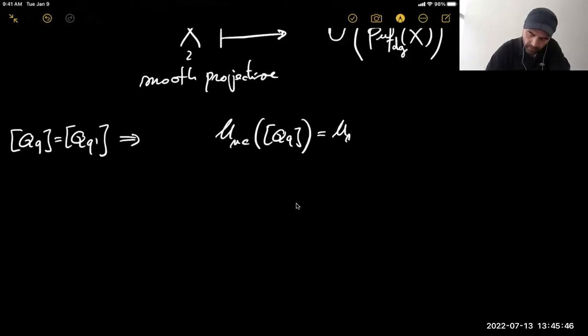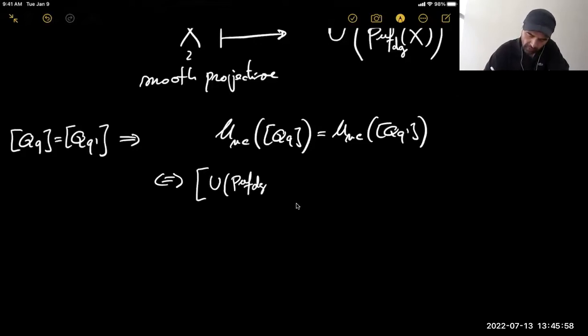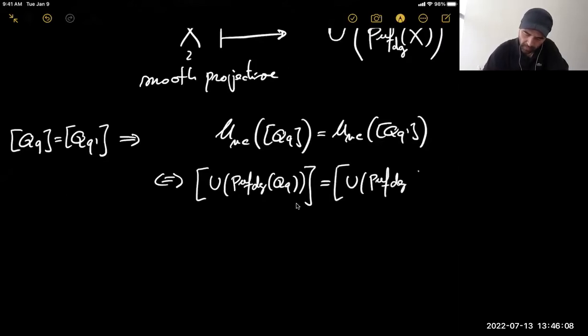Yes, because I have the motivic measure. It's just saying, by definition of the motivic measure, that the non-commutative motive of this quadric hypersurface has Grothendieck class equal to the Grothendieck class of this one.